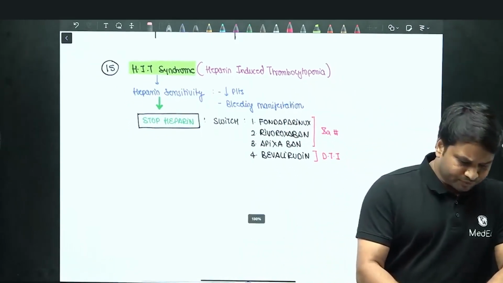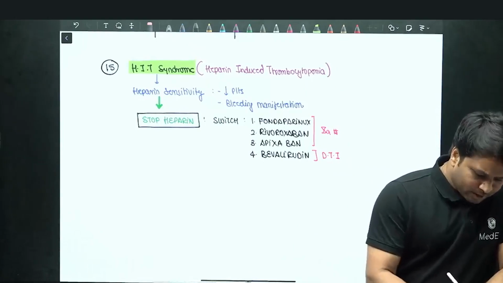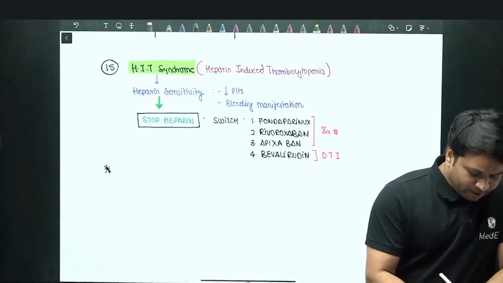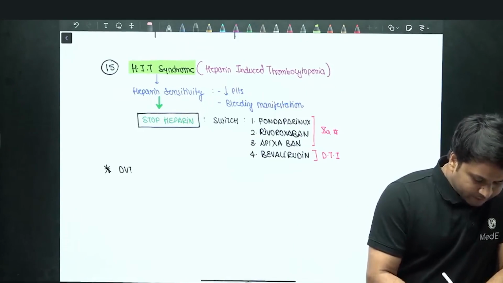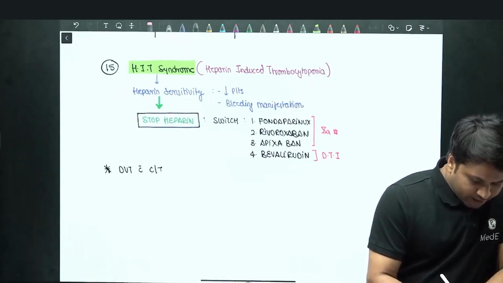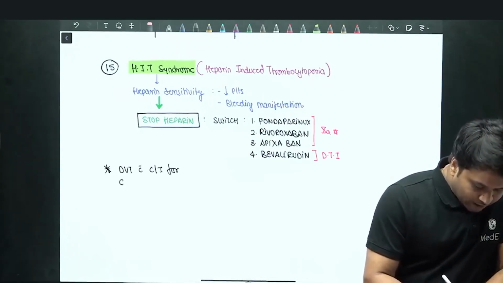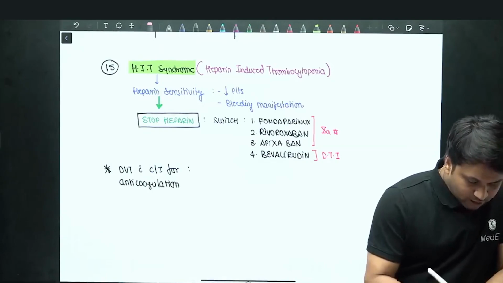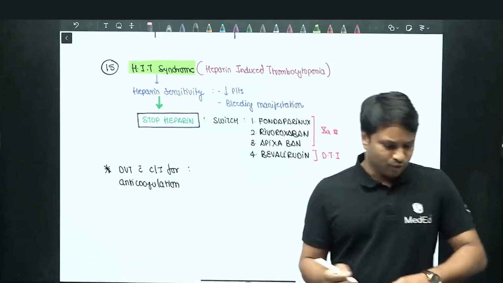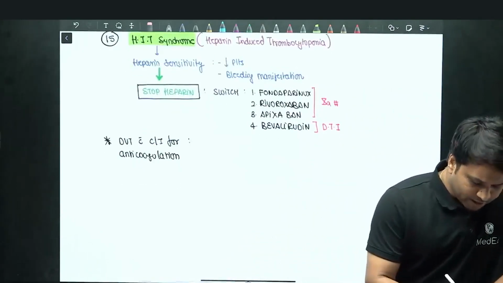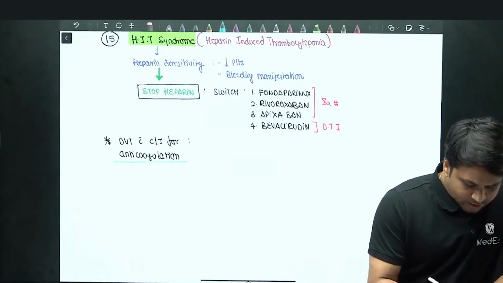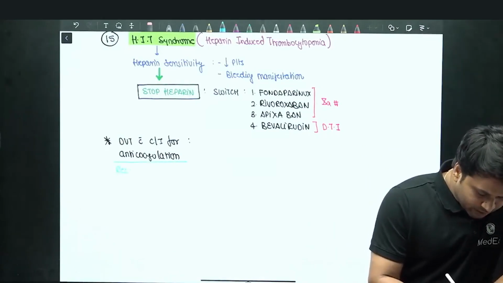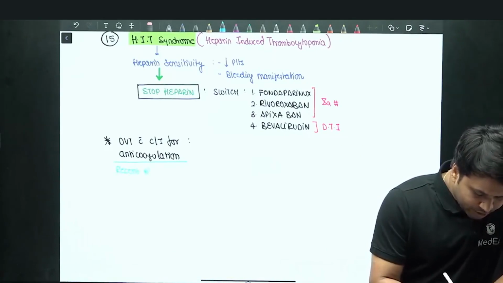Now, other special scenarios that you can talk about. If a patient is having DVT with contraindication for anticoagulation, examples like recent history of stroke, right? One of the common things that you will see here is associated with recent history of stroke.